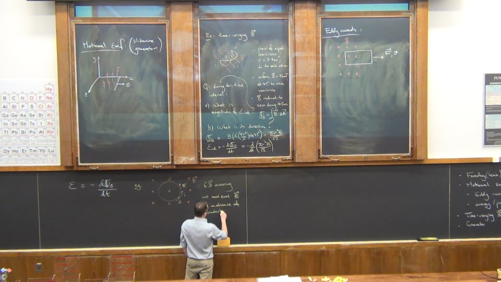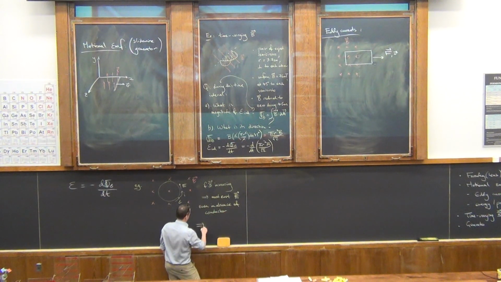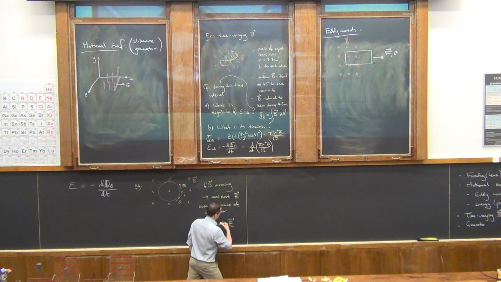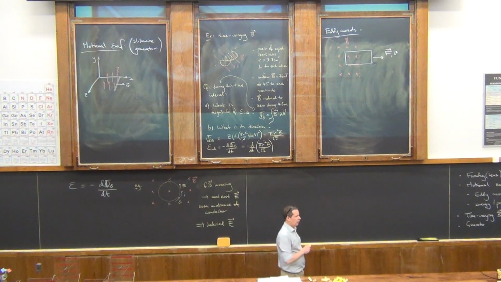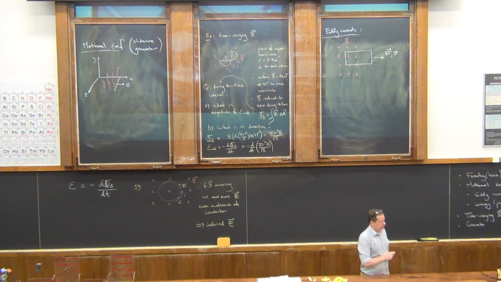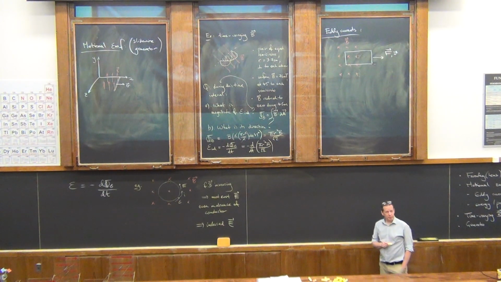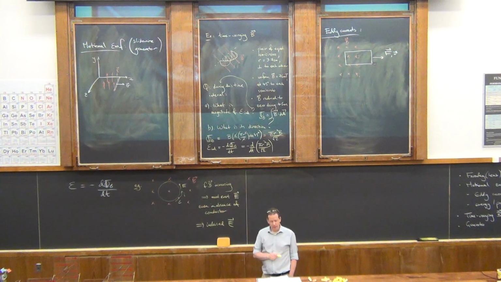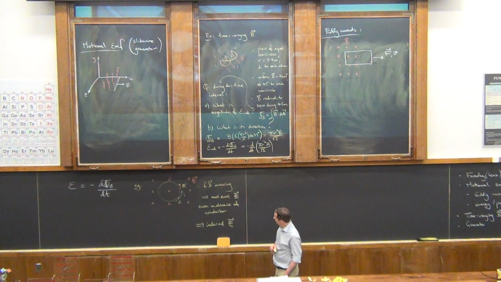So this is indeed what we call an induced EMF, and therefore an induced electric field. This is different from the electric fields we've seen up to this point, which are produced by static charges. This is now produced explicitly by a changing magnetic field. So a non-electrostatic electric field is the phrase that our textbook uses.